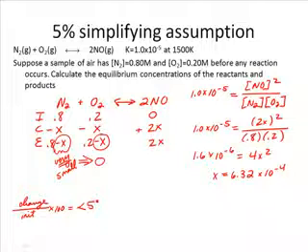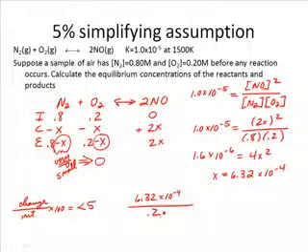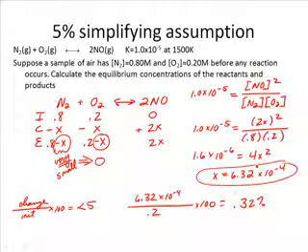So for this one, I want to see what my X is as a percentage of, let's just use our smallest initial concentration. When I do that, I get 0.32%, and so it meets the criteria. And so I am okay with using that to find my equilibrium values.